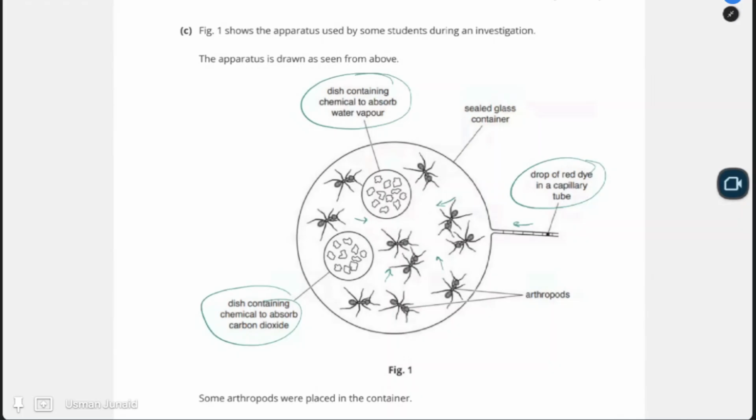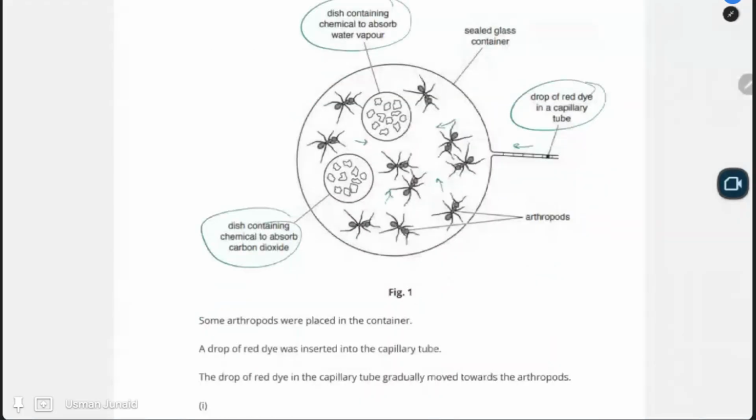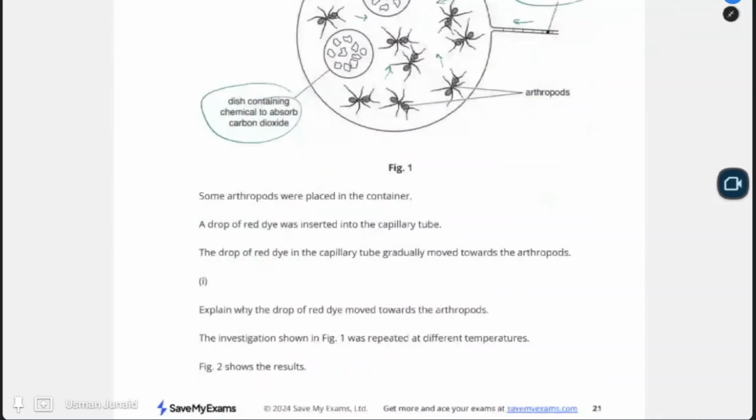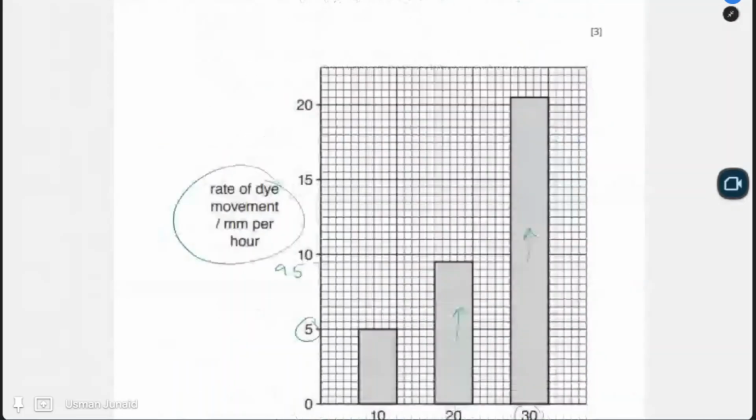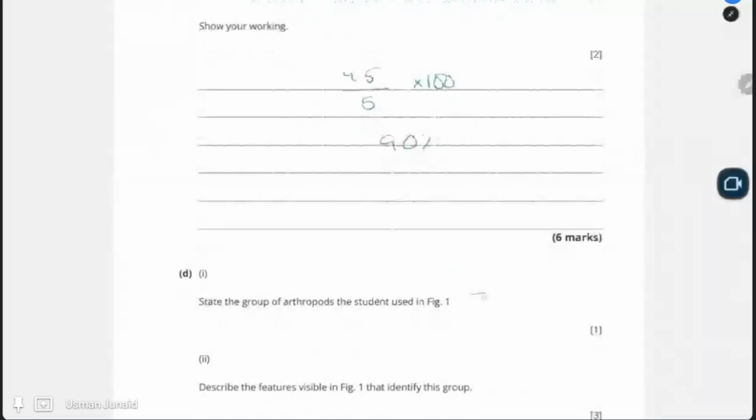What are these? Arthropods. Yeah, but which arthropods? Can you name them? Since they have less than eight legs, they are insects. Okay, insects.